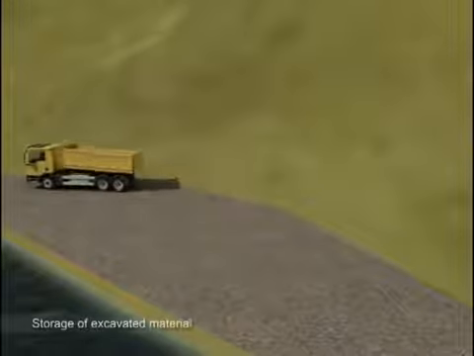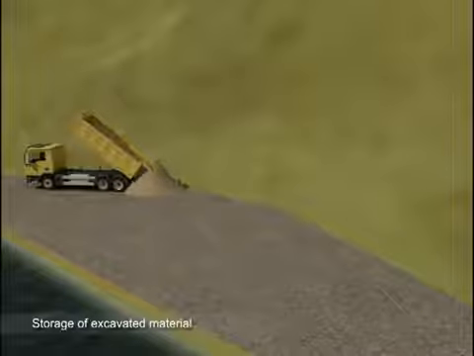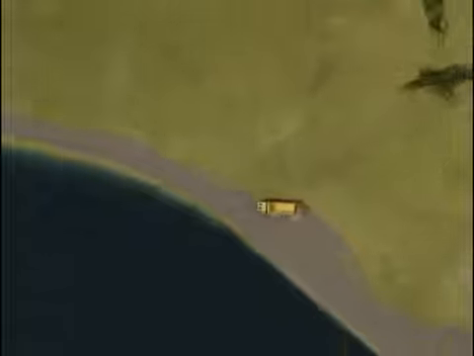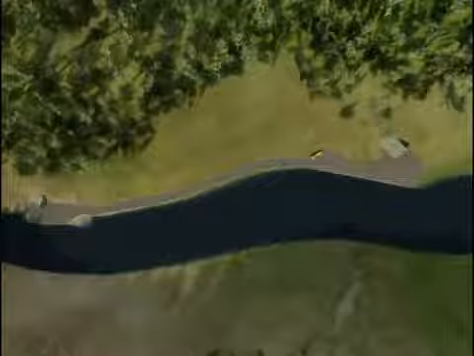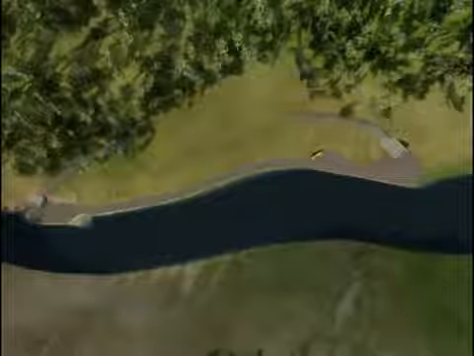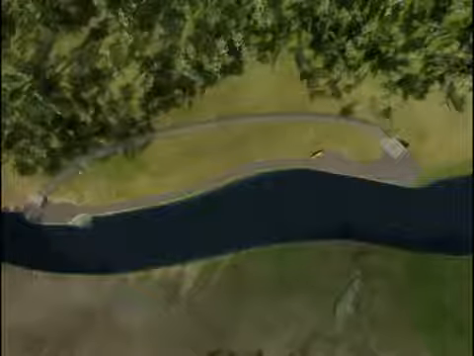The excavated material is stored near either end of the tunnel. The diversion tunnel is excavated from both the upstream as well as the downstream ends, gradually progressing towards each other.